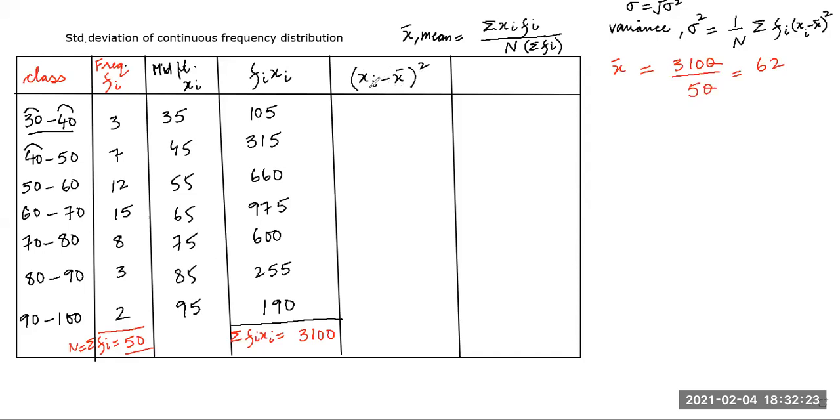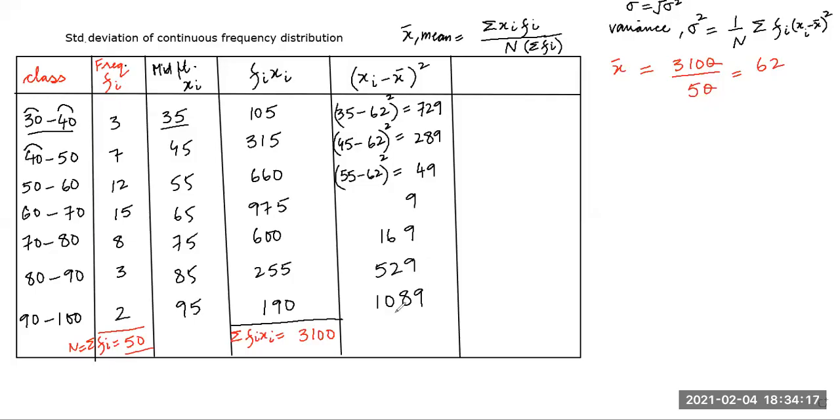First you find out xi minus x bar and then square it. But right now I'm doing it like this only. So what is xi minus x bar? Xi is 35, students. 35 minus x bar, mean is 62, so minus 27. Square of this is 27 square, that will be 729. So like that, I will complete this.